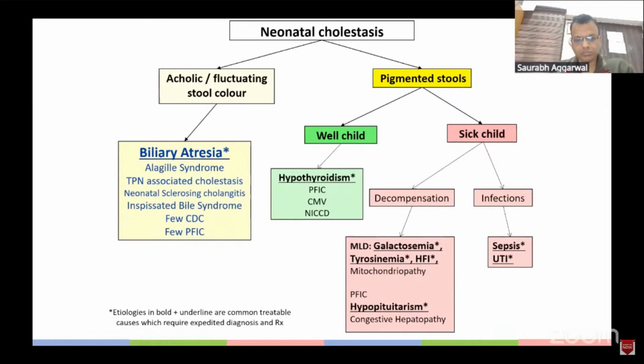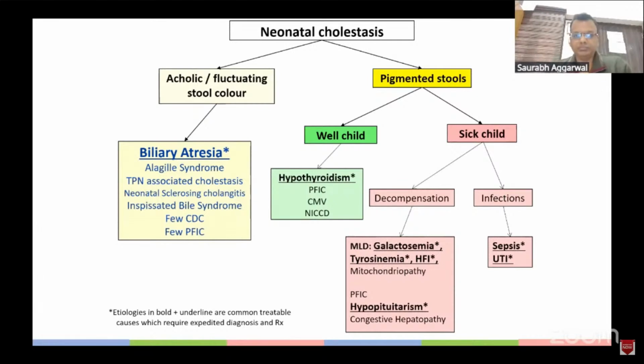The first thing we need to look at is acholic or fluctuating colored stools. Fluctuating means sometimes pale, sometimes yellow, or acholic, like pale colored stool most of the time. So the causes of neonatal cholestasis in a well child with fluctuating stool colors: there are four differential diagnoses. The first is biliary atresia, the second is biliary atresia, and the third is biliary atresia.